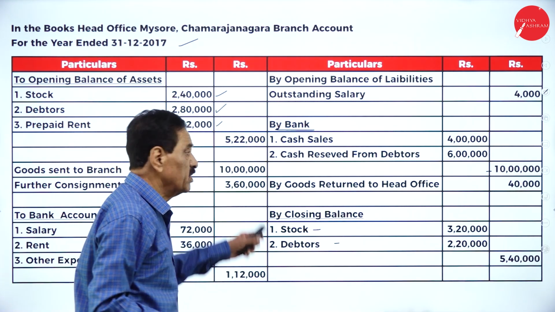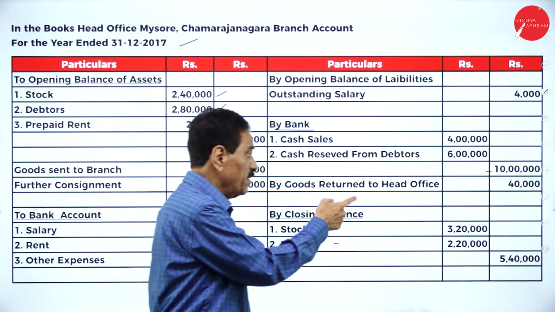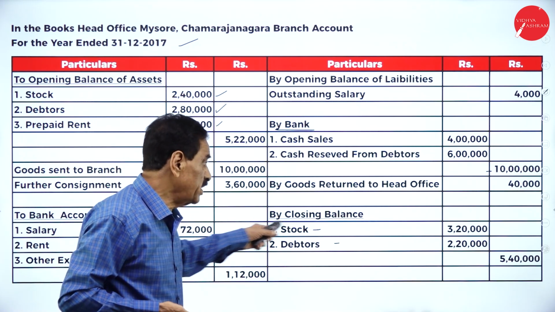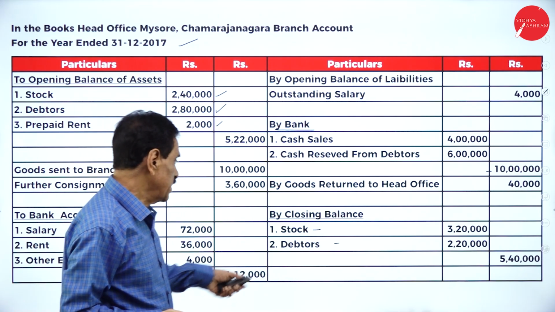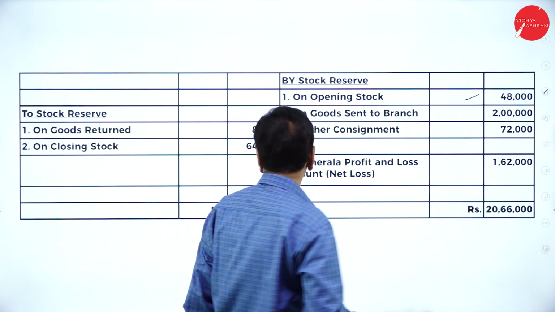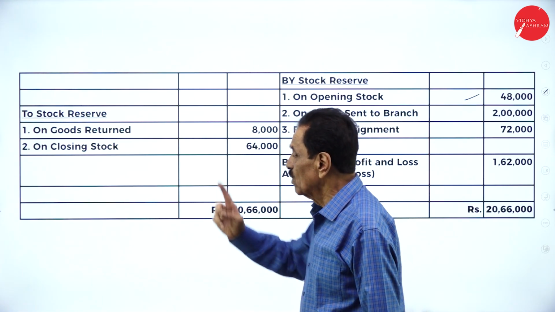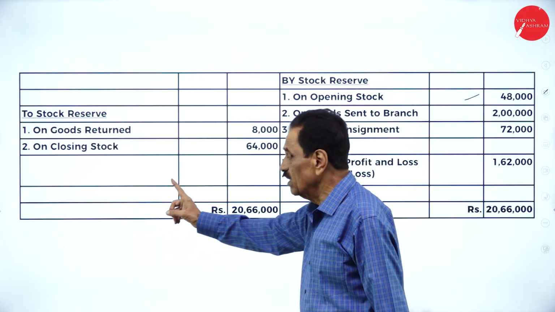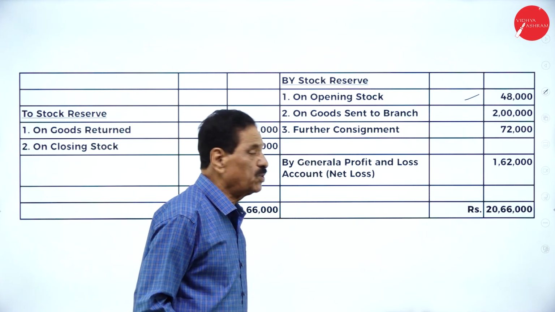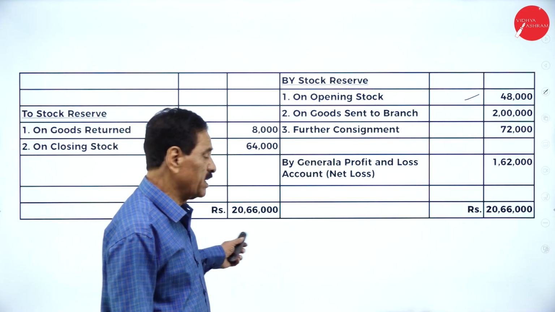By bank account: one is the cash sale, cash receipt from the debtor sent by branch to head office, goods returned to head office 40,000. Then closing balance stock, debtor as per the calculation. Then you have to calculate the stock reserve: one on goods returned, one on closing stock, then one on opening stock, one on goods sent to branch, and further consignment.